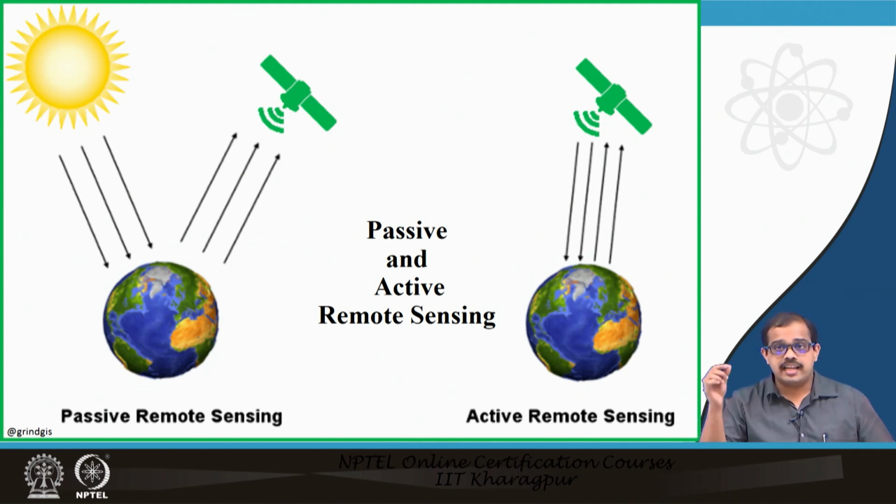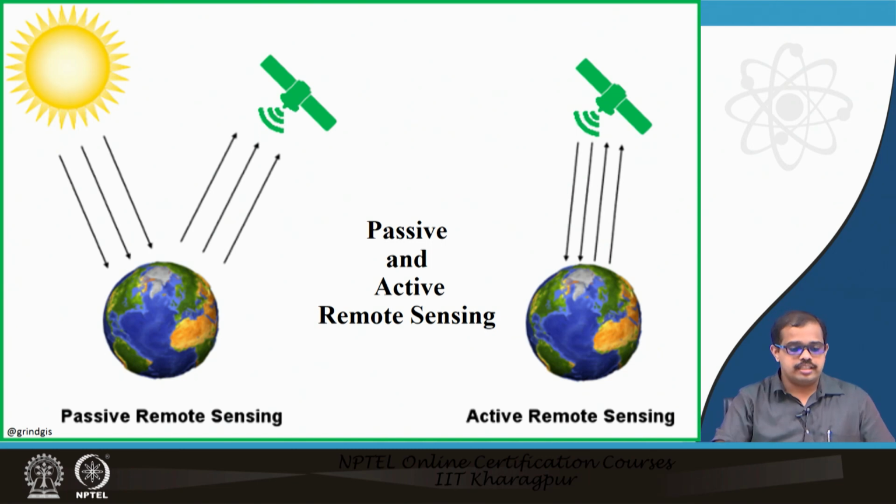If the satellite has its own source of energy by various means, for example, when you are looking at microwave remote sensing, okay, so you have your own source of energy which hits the Earth's surface, and a certain amount of reflection is then captured by the sensor on board those satellites, then it is called active remote sensing.